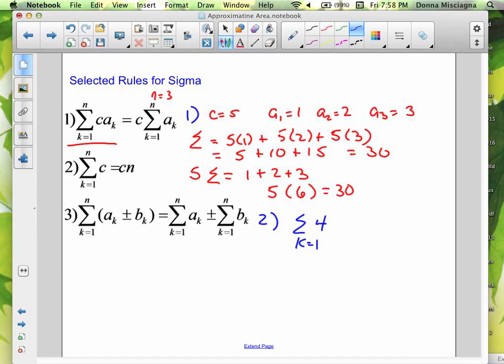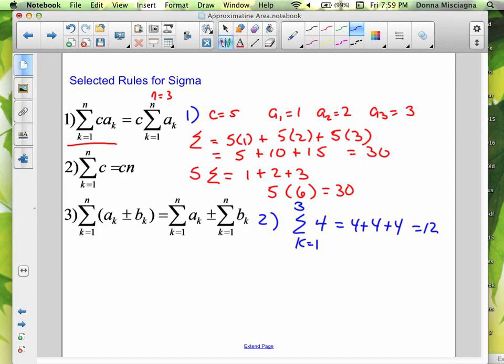K equals 1, and let's do 3. So what's going to happen here is I'm just adding 4 3 times. 4 plus 4 plus 4. I've got 3 4s, right? There's nothing to plug into. So my first term is 4, my second term is 4, and my third term is 4. There's not a place to plug in a variable. It's just 3 4s. So our sum is 12.